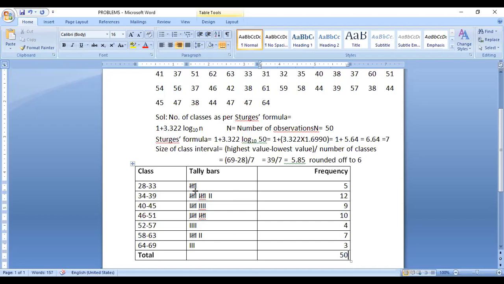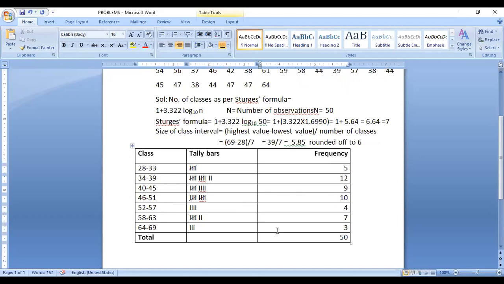After the number of classes is determined, you can fix the size of the class interval, that is, highest value minus lowest value divided by the number of classes.